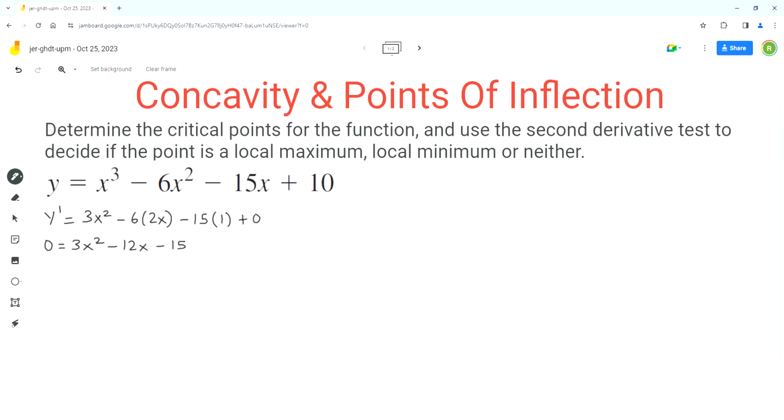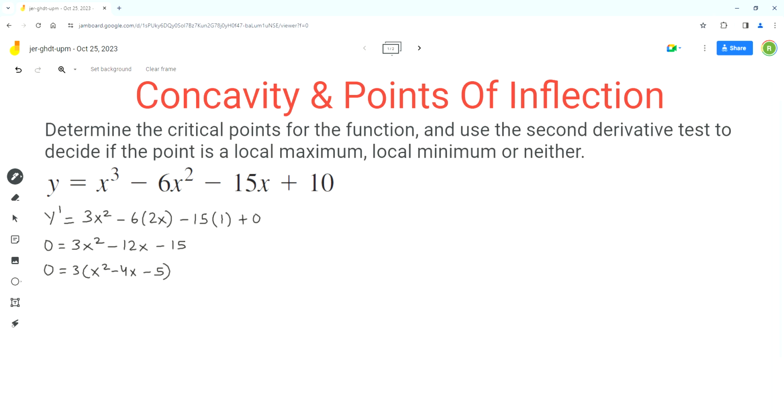So the first step is to do common factoring. We can factor out a 3 from all 3 terms on the right side. Now we have a simple trinomial in the parentheses, and we can use the sum and product rule to factor this expression.